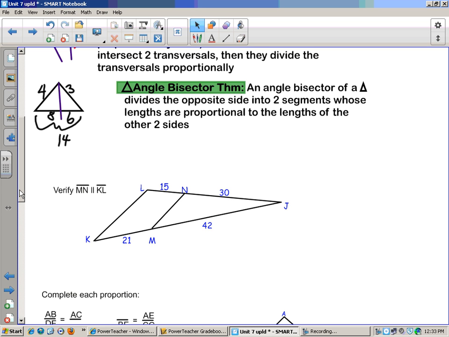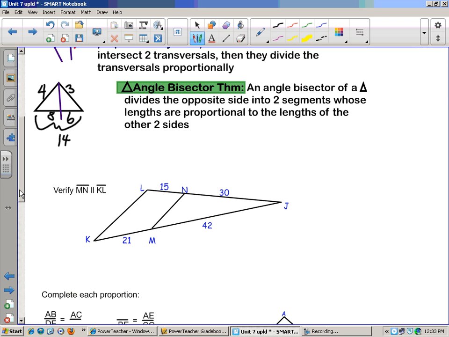Remember the converse of the side-splitting theorem says if the pieces of the sides are proportional, then the lines that made them are parallel. Good. So I just need to verify that LK is parallel to NM. I just have to make sure that these pieces are in proportion.